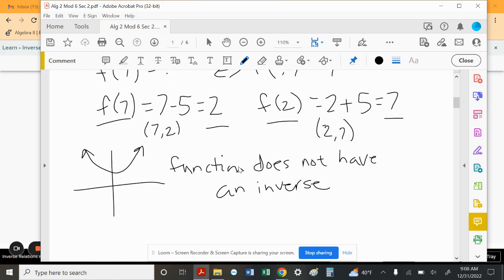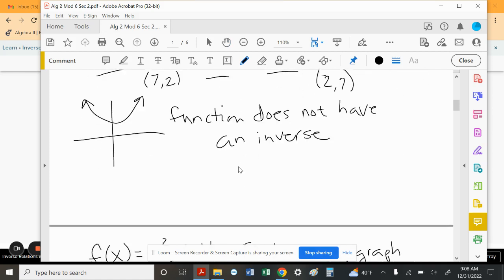Okay, so looking at that, how do we know if a function has an inverse based on a graph? If we take a look at this particular graph, I know this function does not have an inverse. The reason I know it does not have an inverse is because if I draw a vertical line, that means it is a function. Remember, we do the vertical line test to check to see if something is a function.